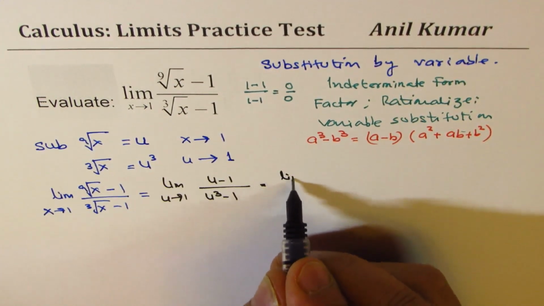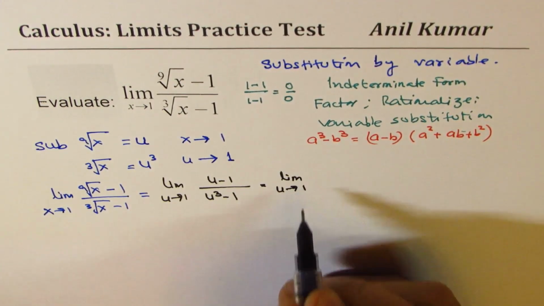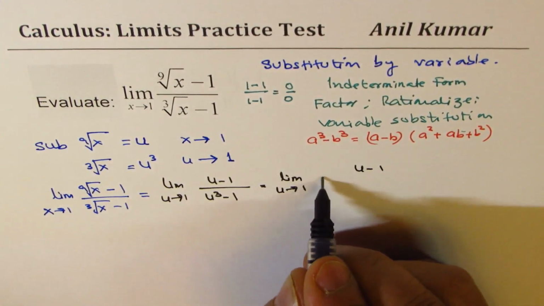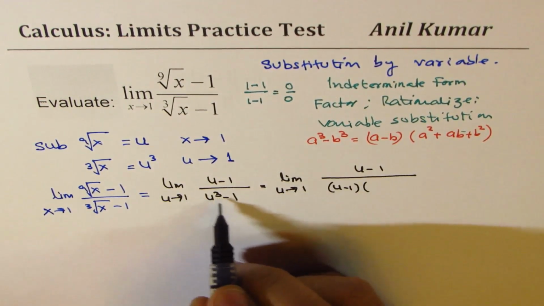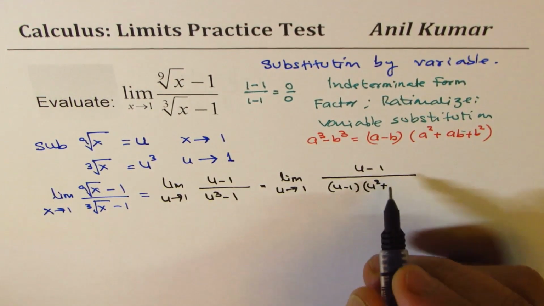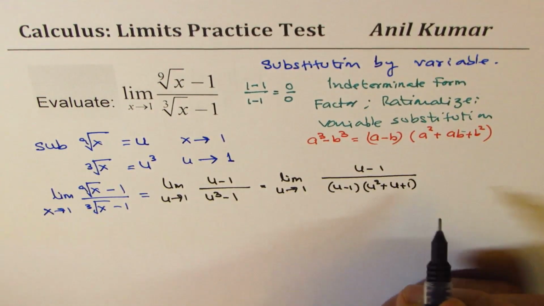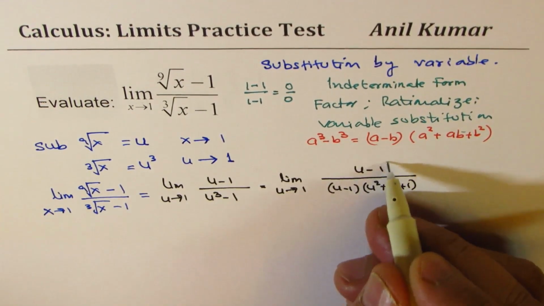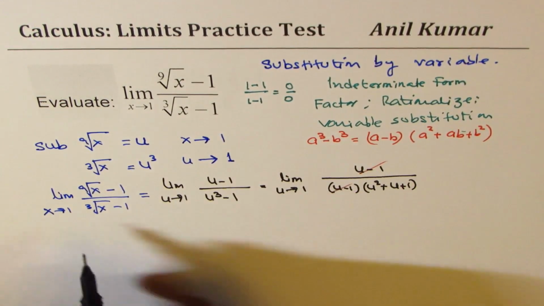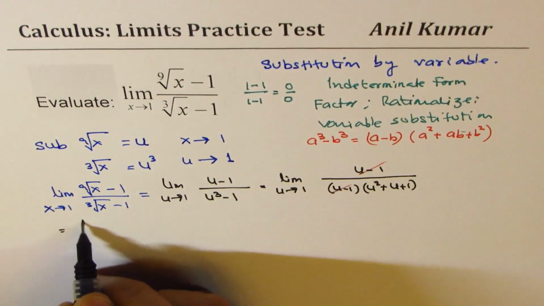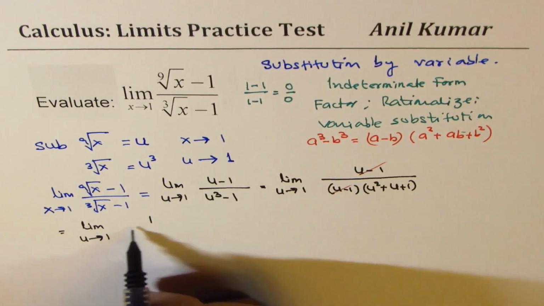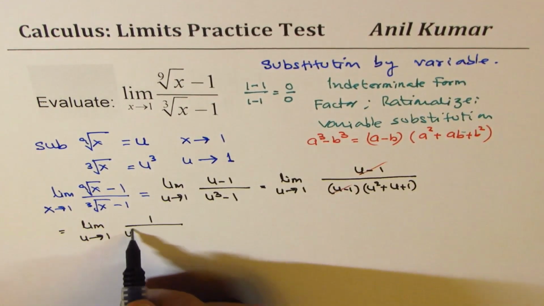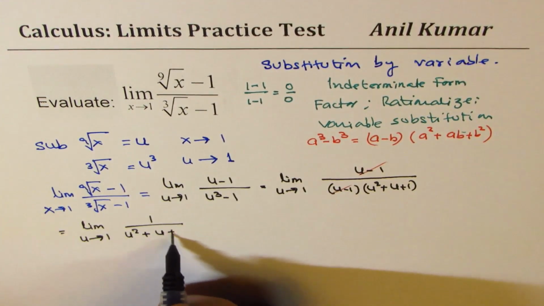So we get the limit as u approaches 1, numerator is u minus 1, and the denominator is u minus 1 times u square plus u plus 1, correct? Now u minus 1 cancels, so what we get here is the limit as u approaches 1 of 1 over u square plus u plus 1.